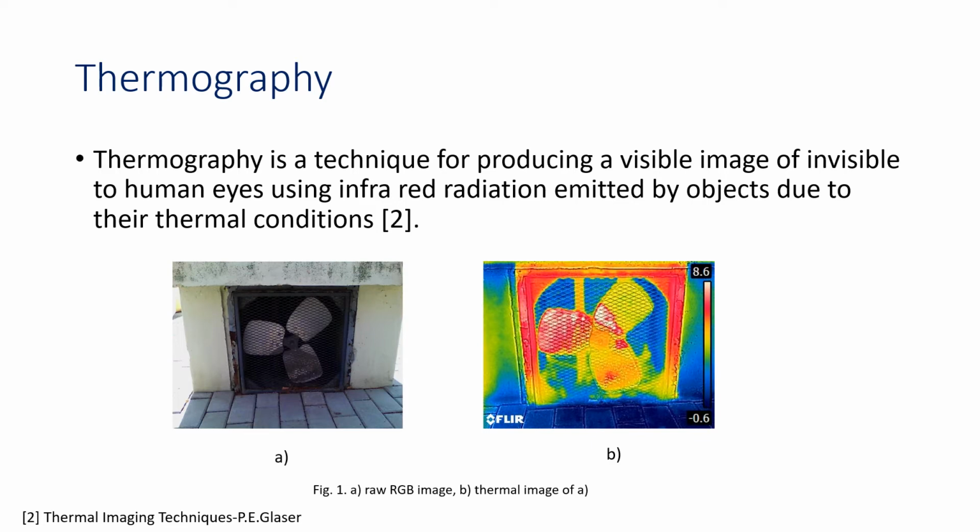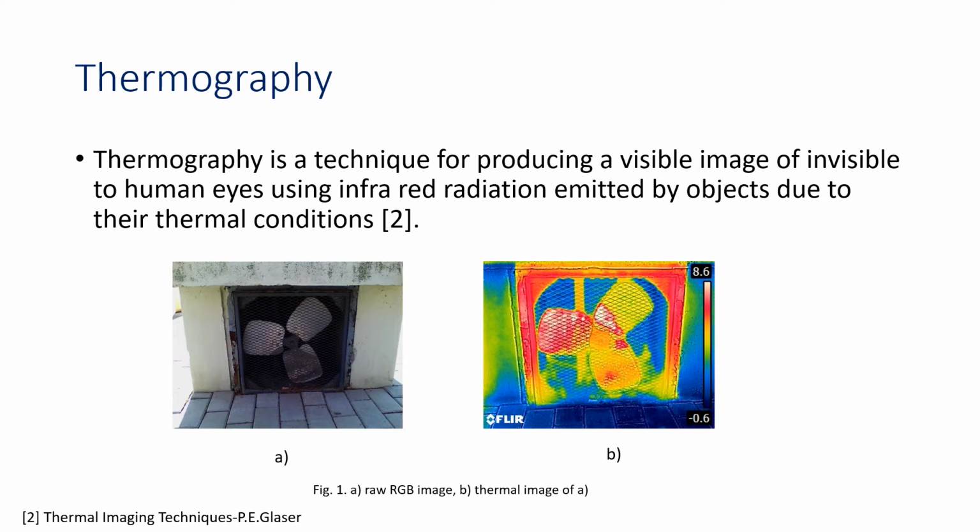Thermography is a technique for producing a visible image of what is invisible to human eyes, using infrared radiation emitted by objects due to their thermal condition. In figure 1, letter A is the raw RGB image taken from an ordinary camera, while letter B is the image output using a thermal camera.